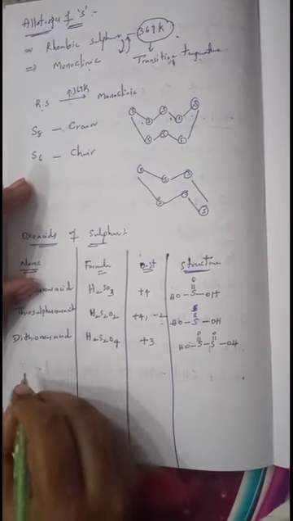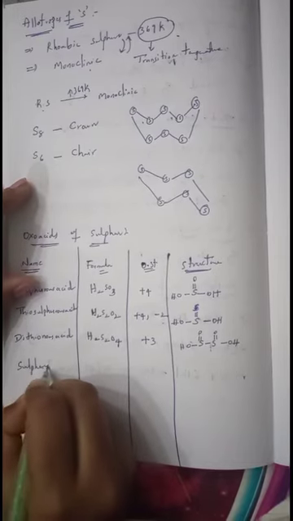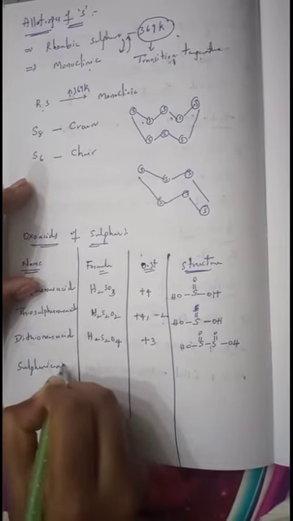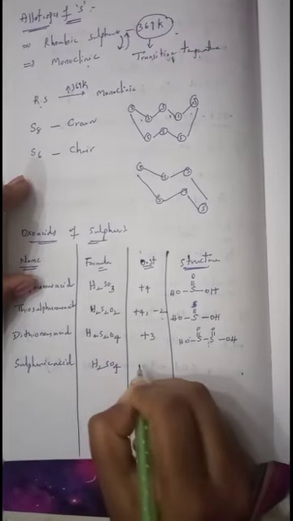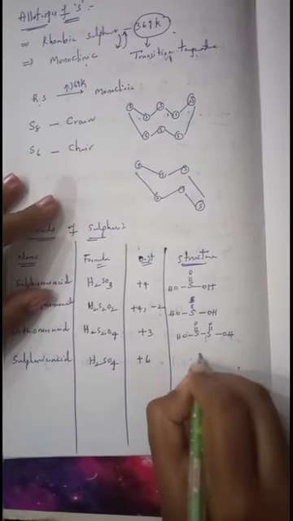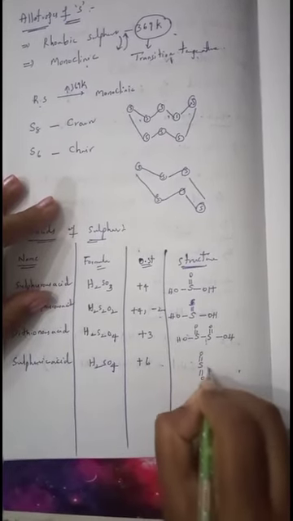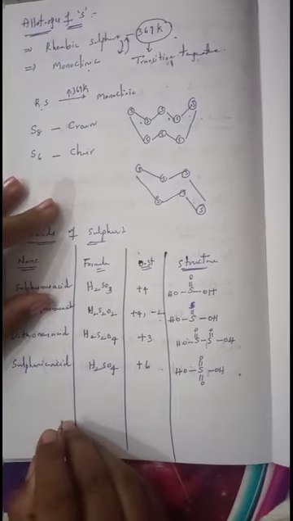Now next one is another important one, sulfuric acid. Sulfuric acid formula is H2SO4 and the oxidation state here is +6. So sulfur is in double bond formation with two oxygens, and two more oxygens combine with hydrogen, existing as OH.